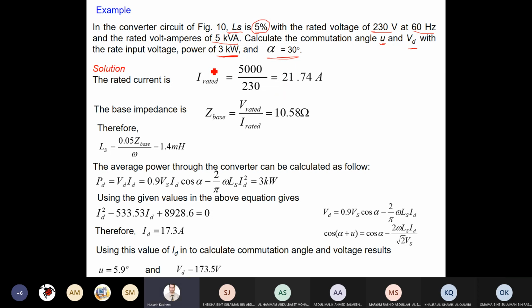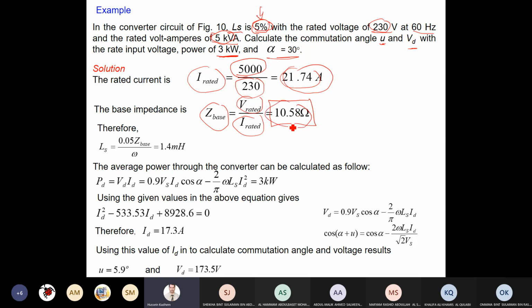First of all, let me find I rated, because I want to convert this 5% into its real value in Henry. So 5,000, which is S, over voltage, which is 230, gives me the rated current. Z base is rated voltage 230 over rated current. We have 10.58. So this 5% is 5% of what?